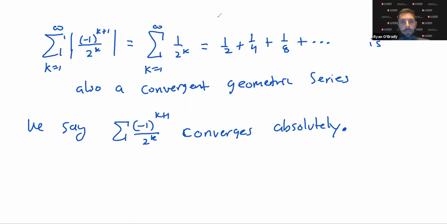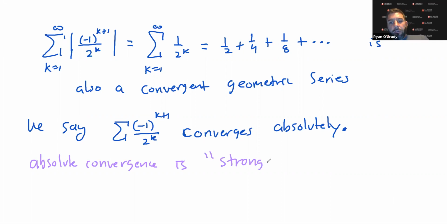So a way to think about this is as follows. In many ways, absolute convergence is stronger than regular convergence.